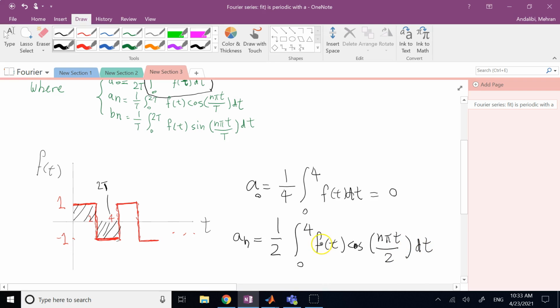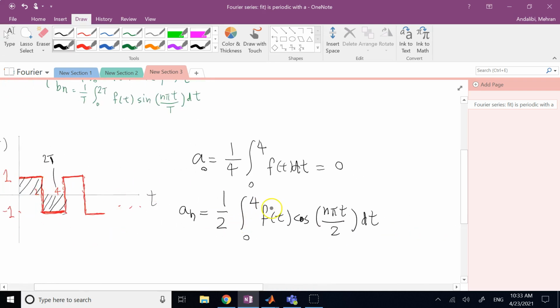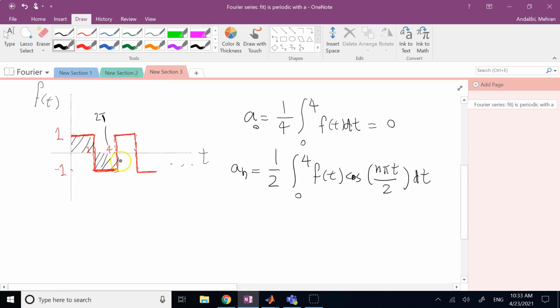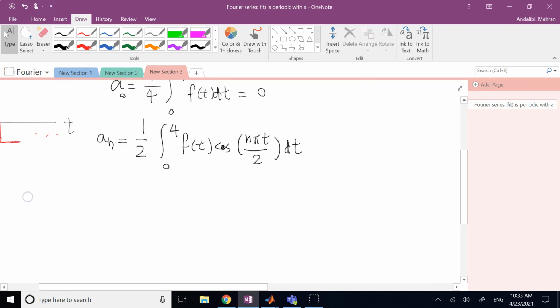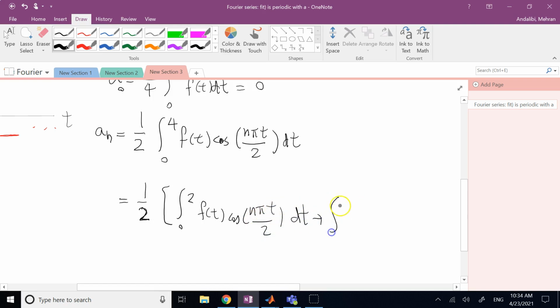Now, when you integrate here, between 0 to 4, you can split this into two parts, which is between 0 to 2 and then 2 to 4. Okay, so if I continue here for you, this is going to go from 0 to 2, and then from 2 to 4.